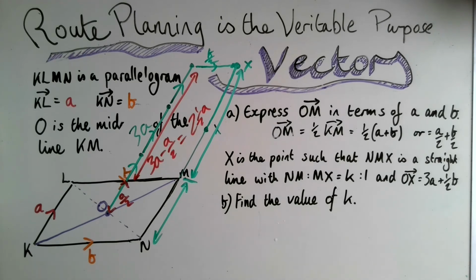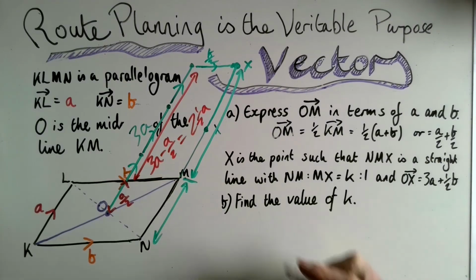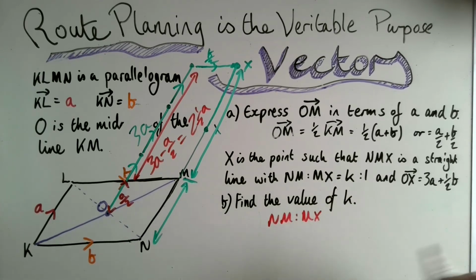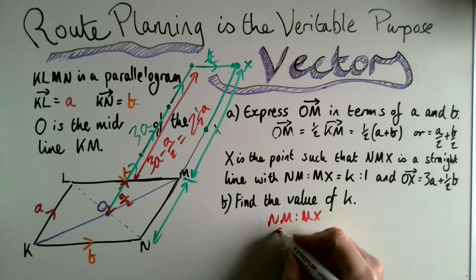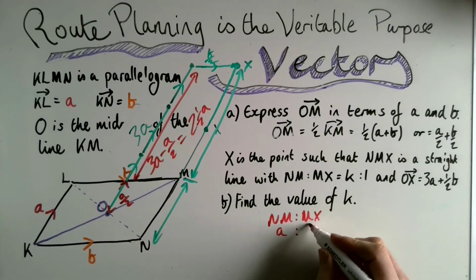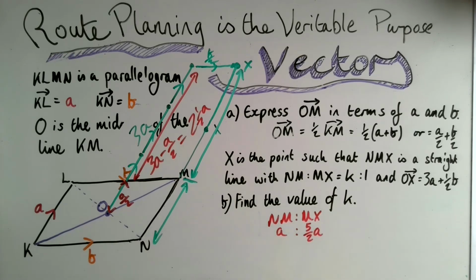So what does that mean? If we said that this part here, NM to MX, well, we know that that's A, and we know that this is 2.5A, which I'm going to write as a fraction, 5 over 2 A.